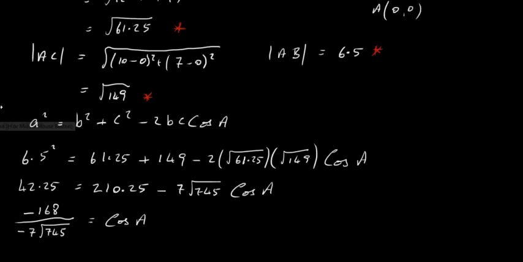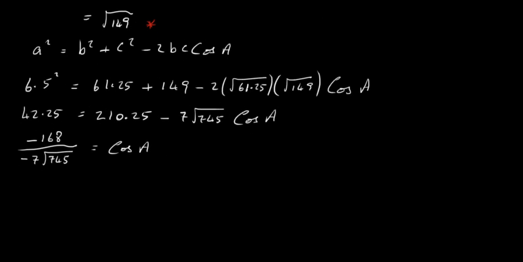So let's just finish it off then. That gives me the cosine of A is going to be equal to 0.08792919, and it goes on a little bit after that.